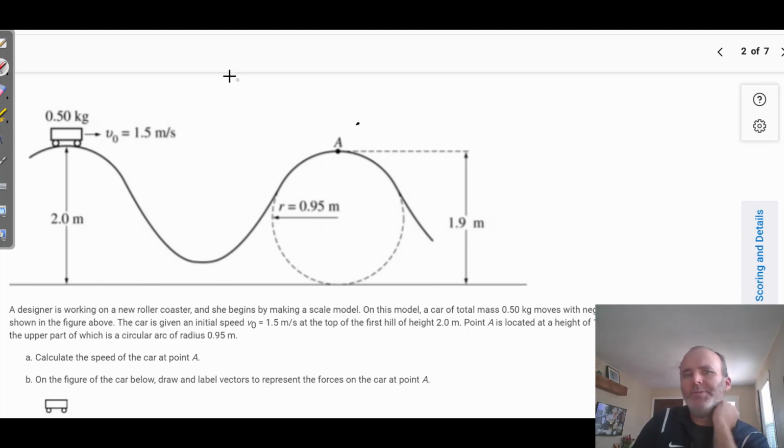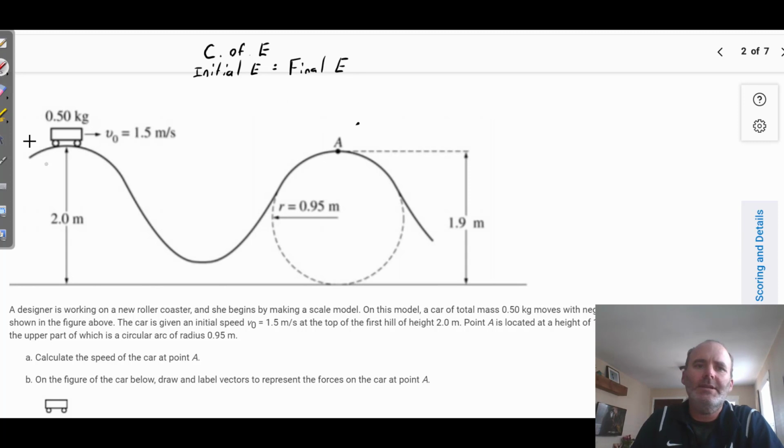All right, so to do that, this is a conservation problem. So we're going to have conservation of energy. So that says the initial energy is equal to the final energy. So the initial energy, what kind of initial energy does it have here?